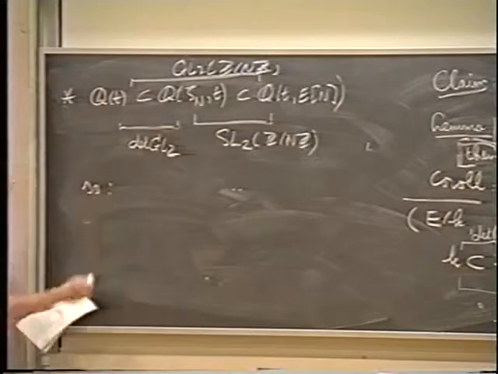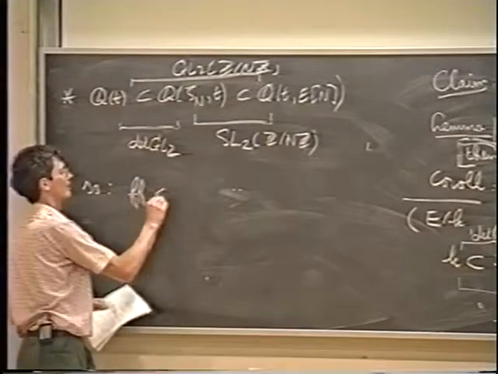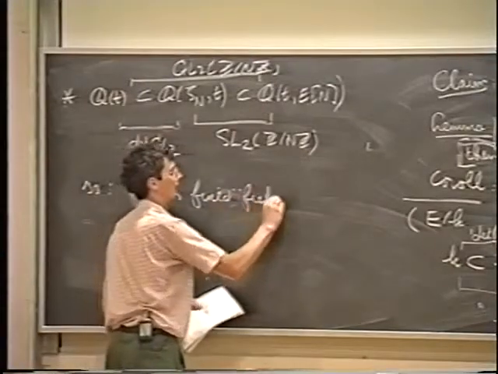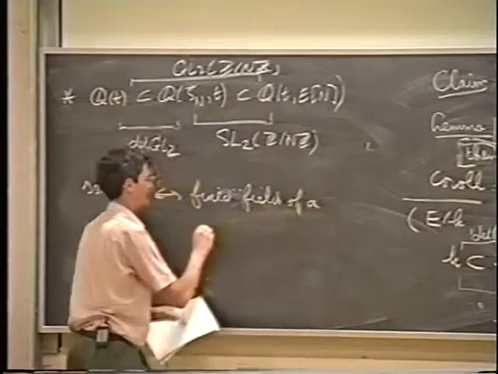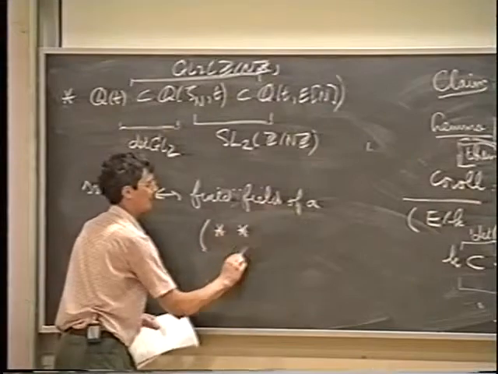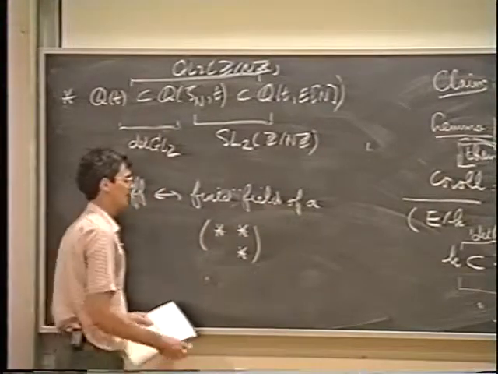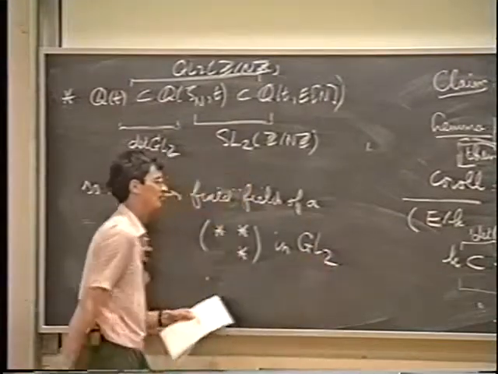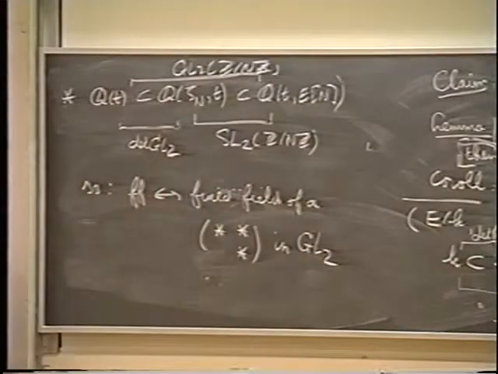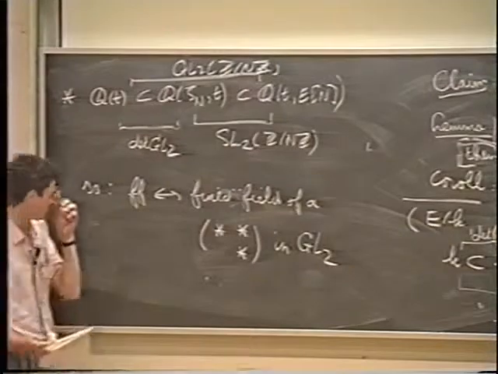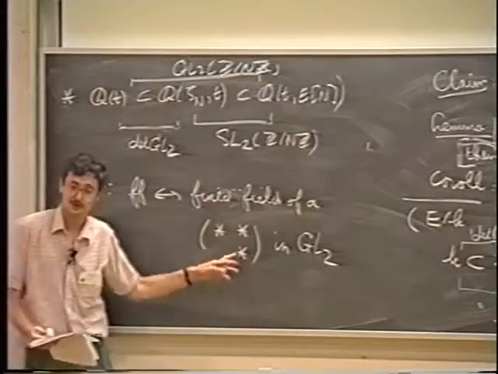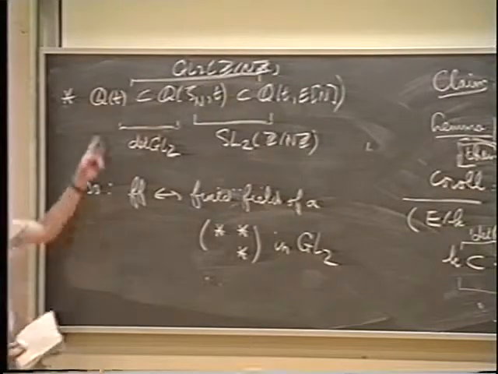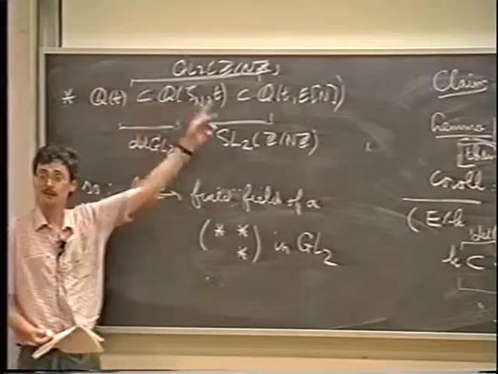So what I see from this is my function field corresponds to the fixed field of an upper triangular group up to conjugation in GL2. Now, if you look at the determinant from such an upper triangular group, it's surjective. So this means this piece is as big as it used to be.